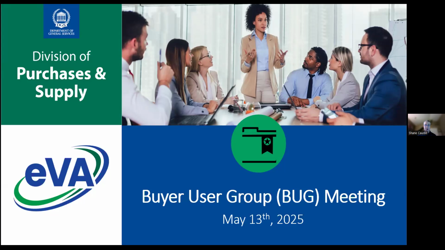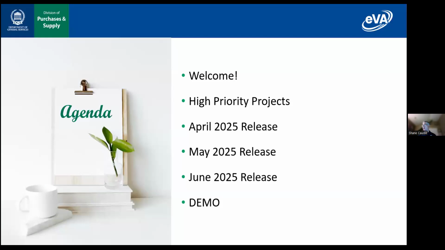We'll run here to the top of the hour. At the time we're recording this and holding this meeting live, it's right around 12 after 10 in the morning. We've already done our welcome. Really going to do some level setting today and establish our focus on various projects, and then go over some recent releases, both some highlights from our April release, and then a look into the future for our May and June release.